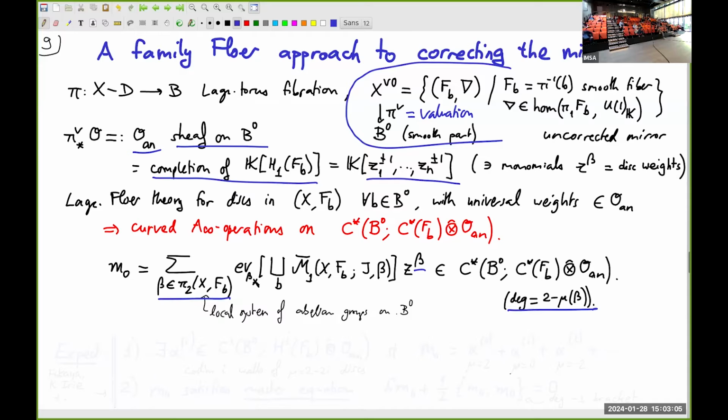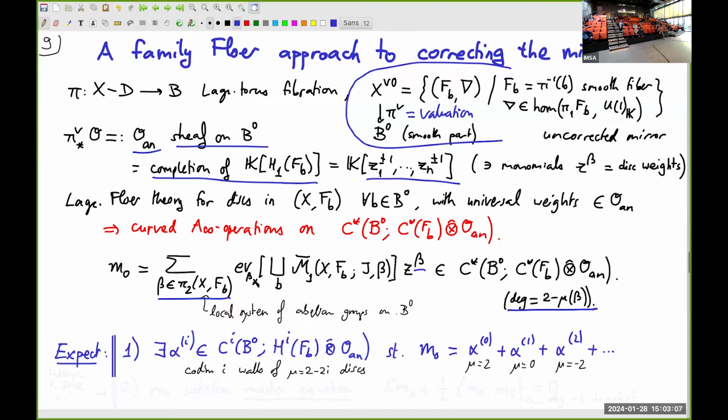Okay. So what do we expect, from experimental evidence rather than, I don't really have a proof of that.